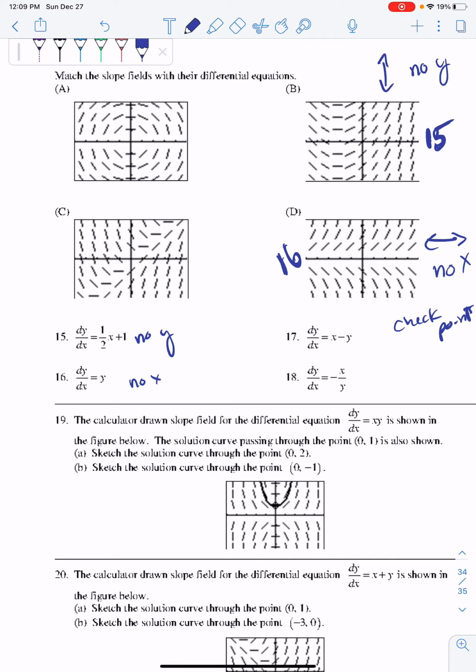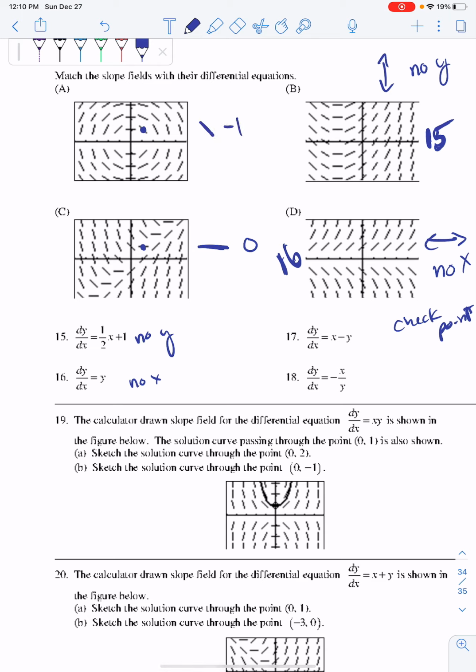So on my A graph, if I go over 1, up 1. So if I go right here to 1, 1 on both of these graphs, on this graph right here, it tells me that my slope is going to be 0. I'll have no slope. This one tells me that my slope is what?